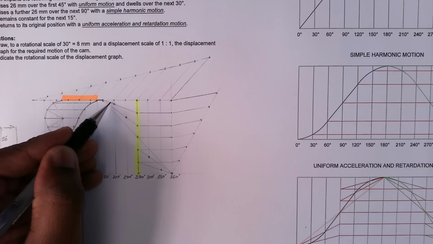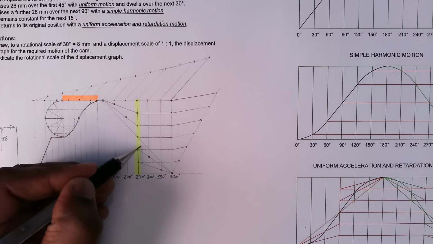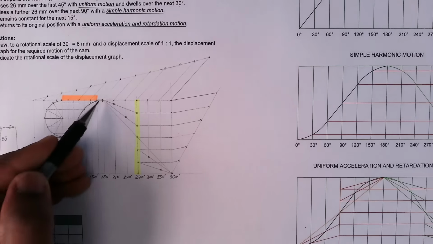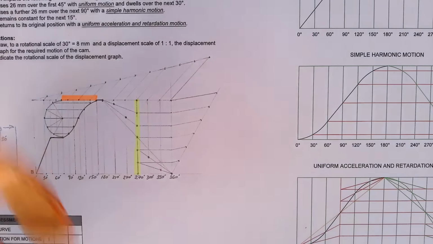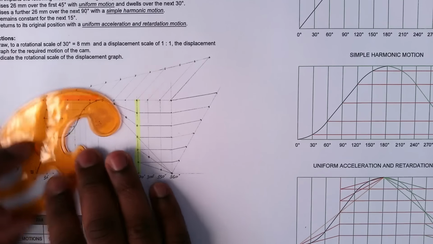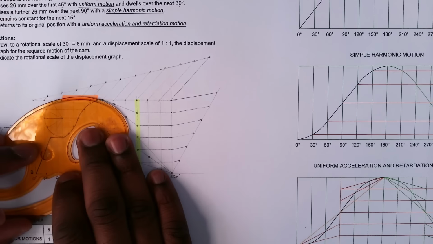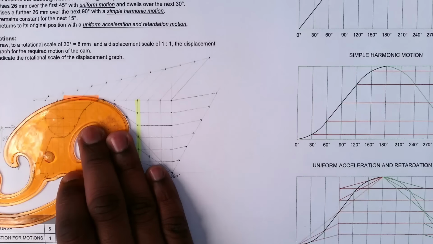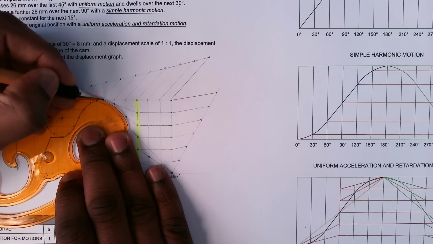Okay, so obviously it means I was trying to find those points here. So now I can just connect those points using a French curve. So I'll just use the French curve.